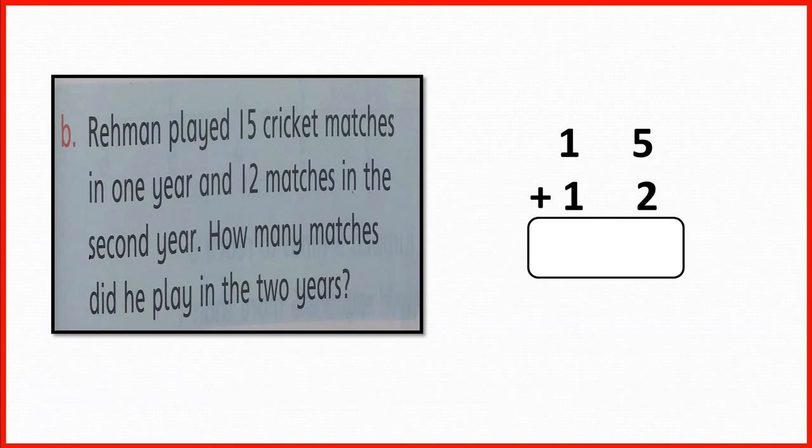Now add them to find the total number of matches. 5 plus 2 equals 7 and 1 plus 1 equals 2. The answer is 27. That means Rahman played 27 matches in 2 years.